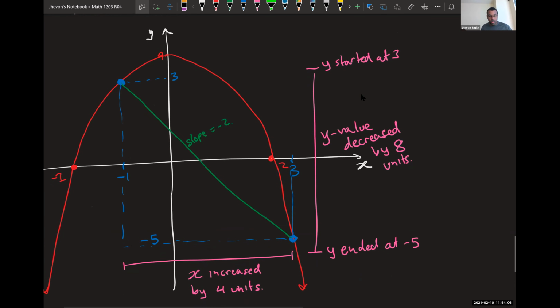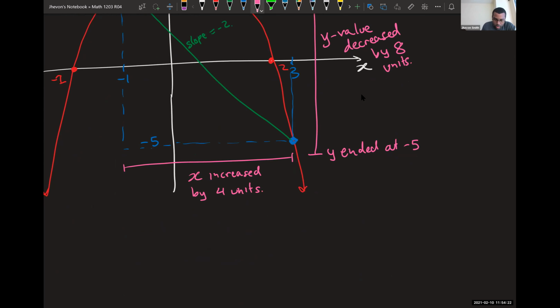Okay, so notice that in this time period that we're talking about, my X value increased by 4 units, whereas my Y value decreased by 8 units. What you'll notice is that Y fell twice as much as X increased.